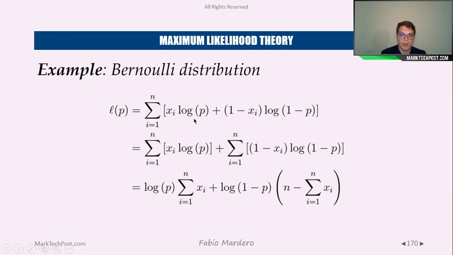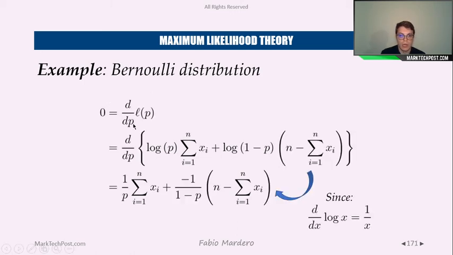But since we are considering a sample of n observations, we can do more. I will skip those calculations, and we will get to the point in which we compute the derivative of the log likelihood function with respect to p and set this equal to 0.